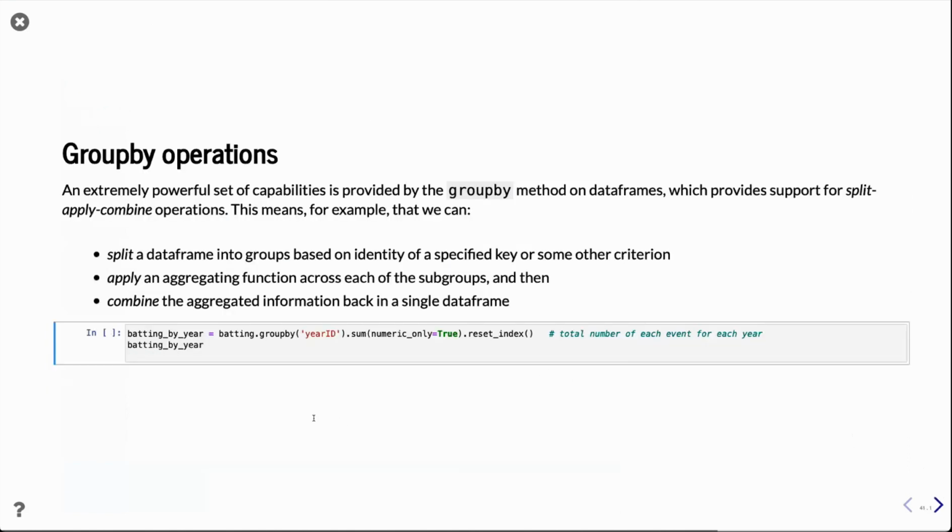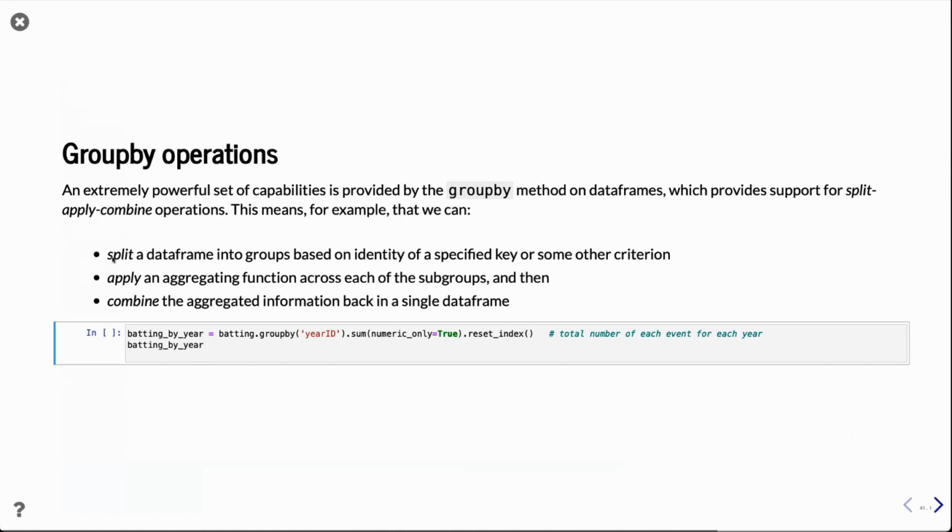One of the things about these data tables is that there's a lot of substructure that we often want to be able to access and group in different ways. Support for some of this is provided in Pandas by what is known as the group by method on data frames. And this supports what are known generically as split, apply, combine operations.